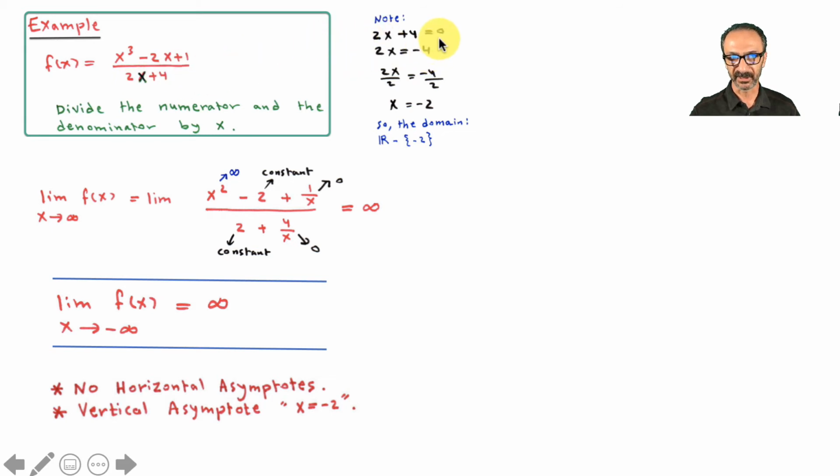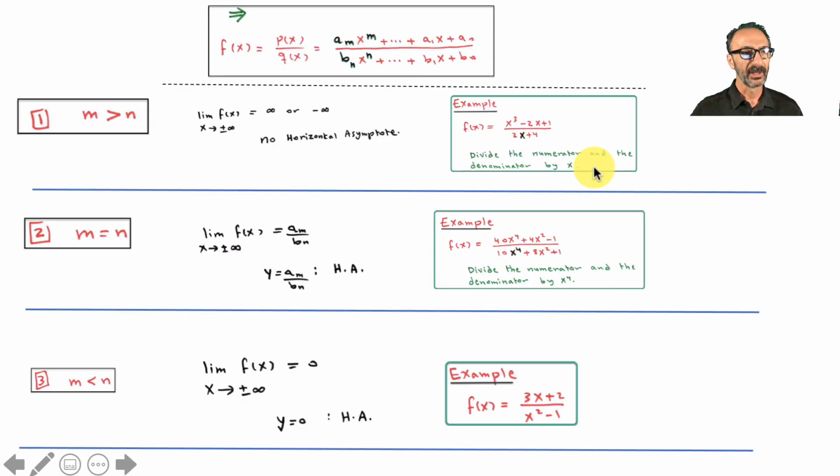You could set it equal to 0, subtract 4, divide by 2, and since the domain is all real numbers except -2, because we can't have -2, that's where a vertical asymptote happens. That's our domain. Here's a summary of what I just mentioned, and if you want to stay on it for a few more seconds, just hit the space bar and you'll be fine.